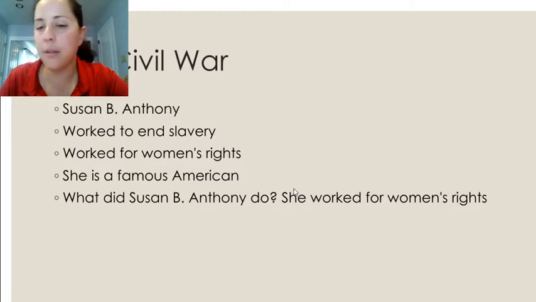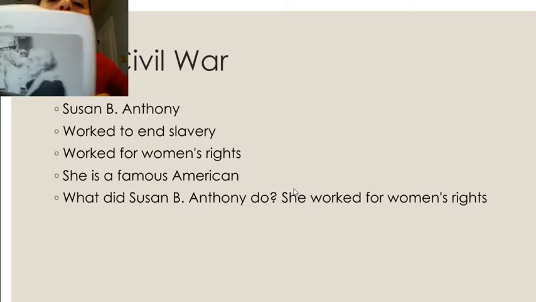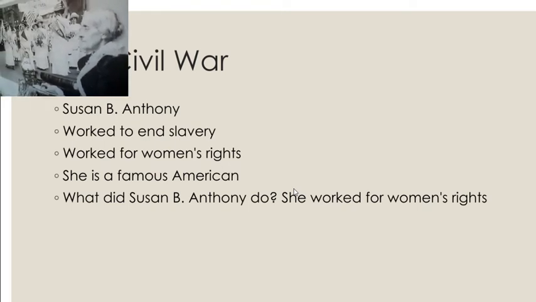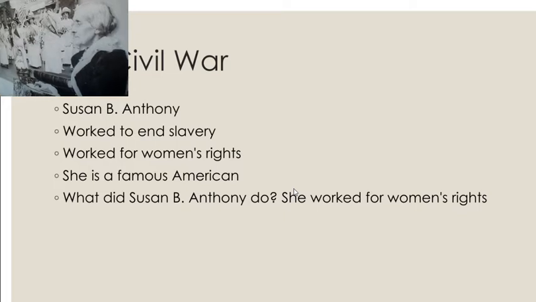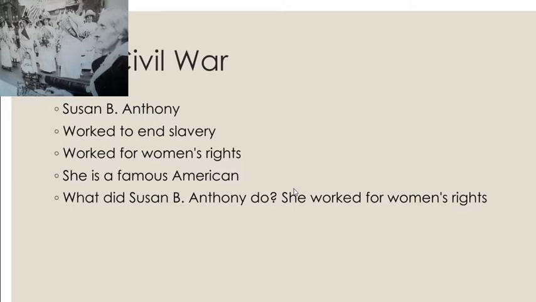So let's look at the question. What did Susan B. Anthony do? She worked for women's rights. If you look at the picture on page 79, you can see Susan B. Anthony, and women in the background, okay?